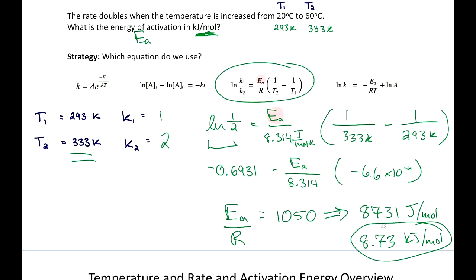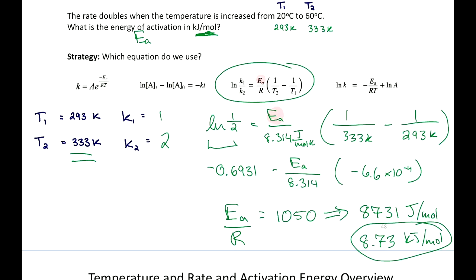All right, good. So in this example, we calculated activation energy. Did other people get the same number? Did you all get the same? No, you did not get the same? Yes, half? Okay, my work might be a little bit off, so let's do this. 1 over 333 minus 1 over 293, divided by 8.314, natural log of 0.5 divided by that number.